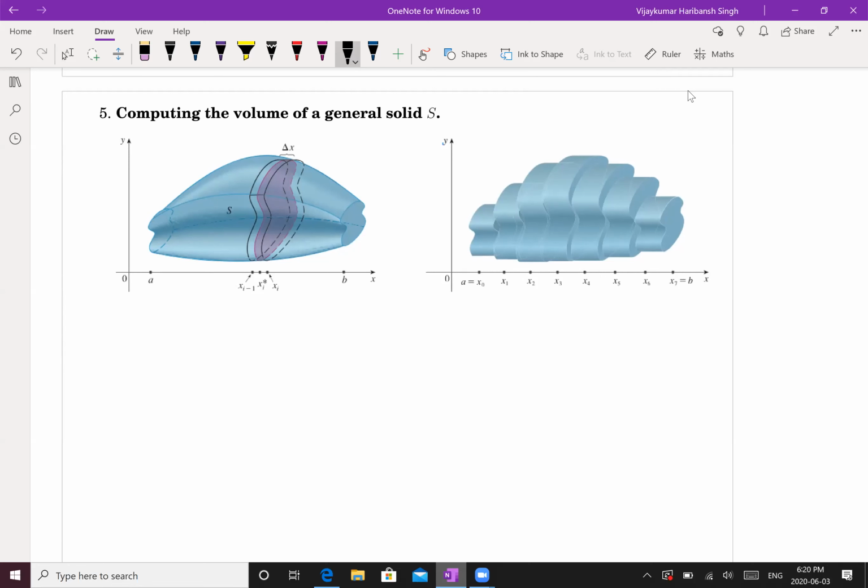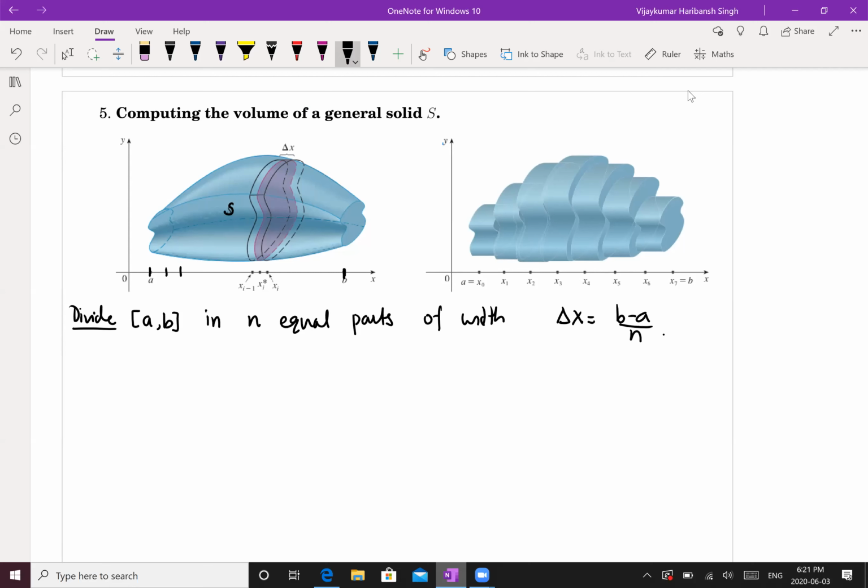So what you do is you take your solid S for which you want to compute the volume. Suppose S lies above [a, b]. You divide the interval [a, b] into n equal parts of width delta x, which is (b minus a) over n.